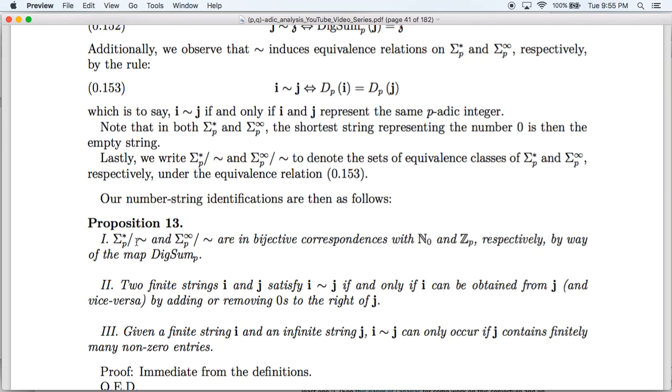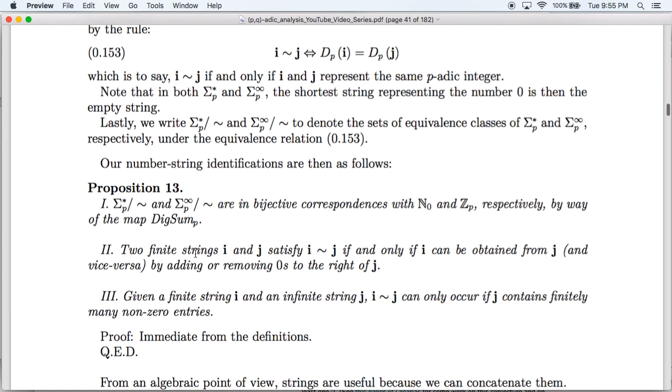Finite strings in base p modulo representational equivalence give us N0, and infinite strings in base p modulo representational equivalence give us the p-adic integers, and the bijection is the map digit sum. So two finite strings are equivalent if and only if we can attain one of them by adding or removing zeros to the right of the other.